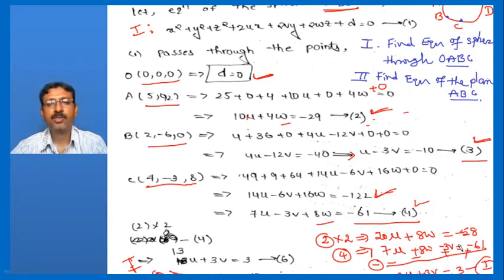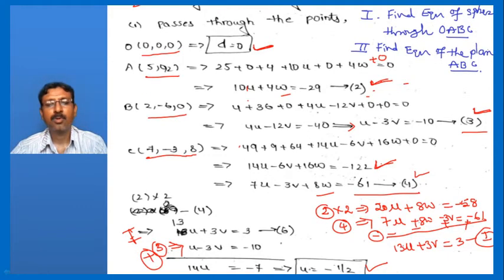First we eliminate v from the second equation and the fourth equation. Multiply the second equation by 2, we get 20u plus 8w equal to minus 58, and take the fourth equation as it is: 7u plus 8w minus 3v equal to minus 61.